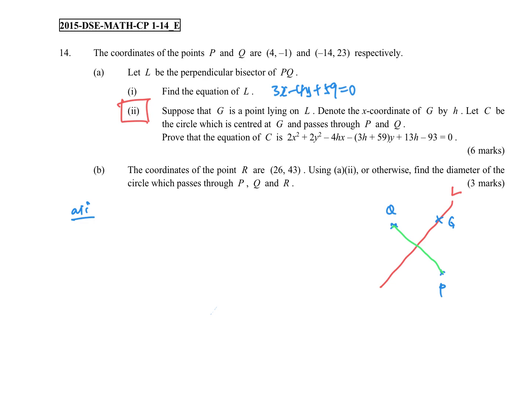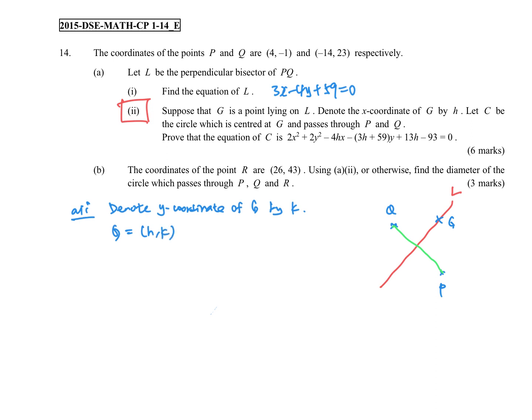Don't forget G is a point on the line L. Since we only have the x coordinate, we denote the y coordinate of G by k as well, so in that case G equals (h, k).